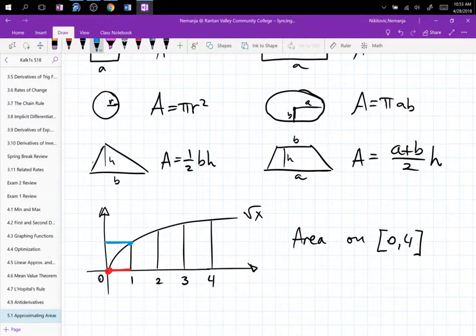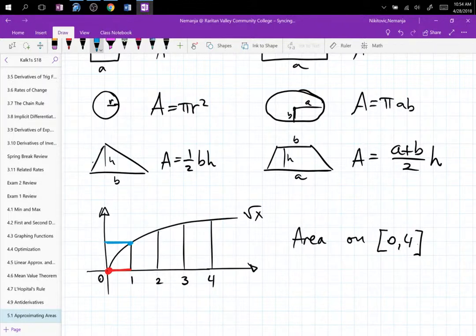In one case, the rectangle is 0. In the other case, the rectangle is going to be whatever the value is, which is 1 actually. So now, which one do we pick? Well, both actually. We are going to define left and right, so left-hand sums and right-hand sums for this.